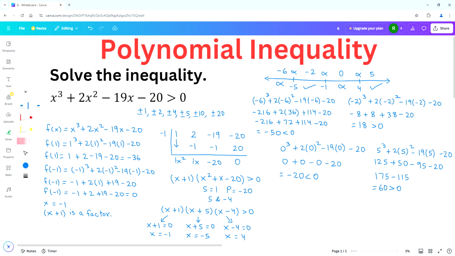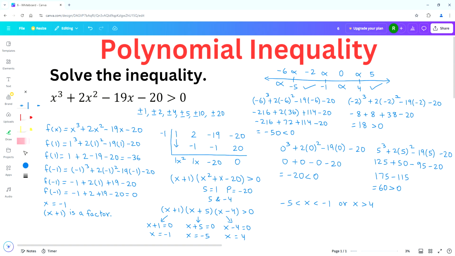We can write the solution in inequality notation as follows. We should not include the x values negative 5, negative 1 and 4 in this solution because at these x values the cubic polynomial becomes equal to 0.